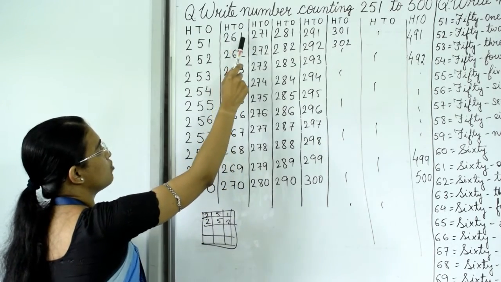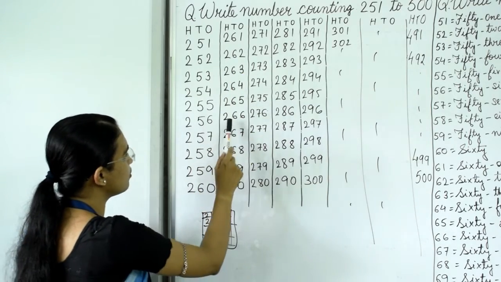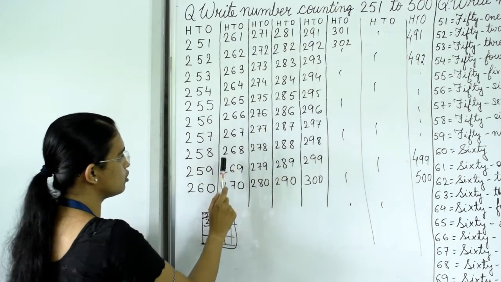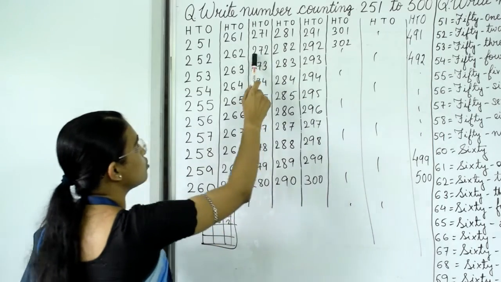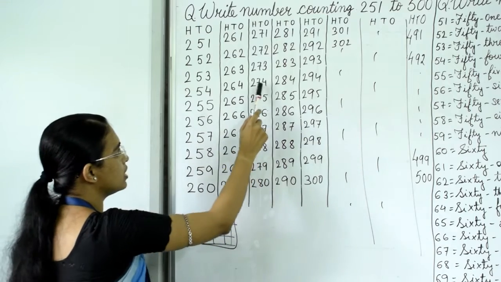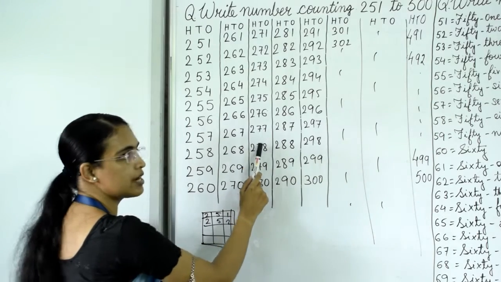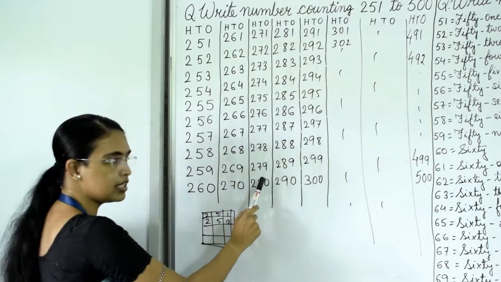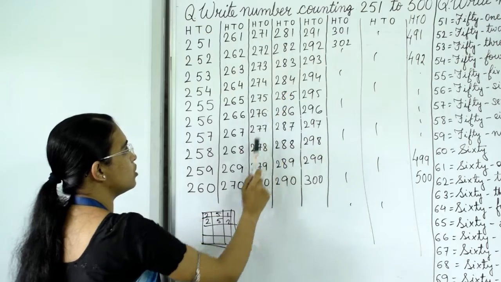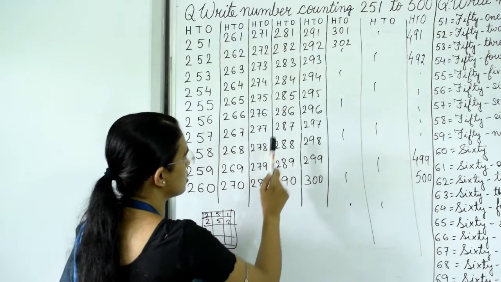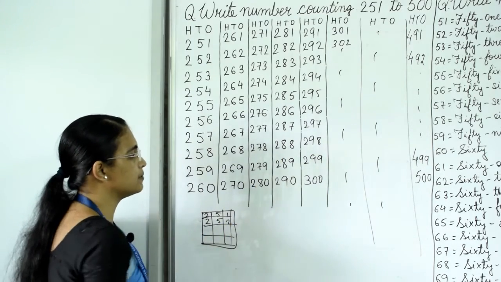Then 261, 262, 263, 264, 265, 266, 267, 268, 269, 270, 271, 272, 273, 274, 275, 276, 277, 278, 279, 280. 281, 282, 283, 284, 285, 286, 287, 288, 289, 290.